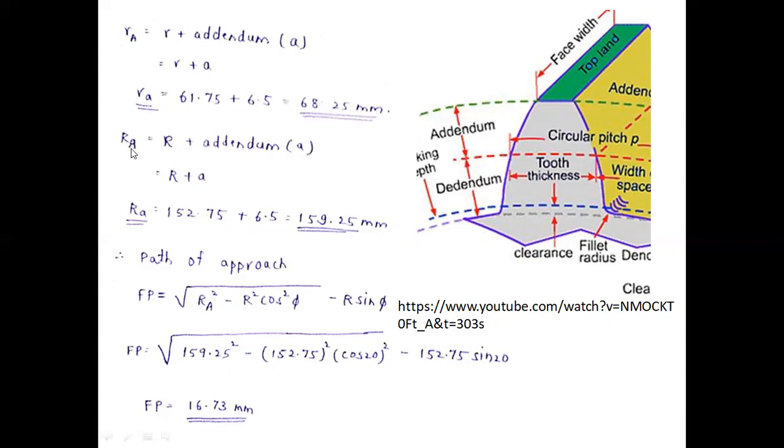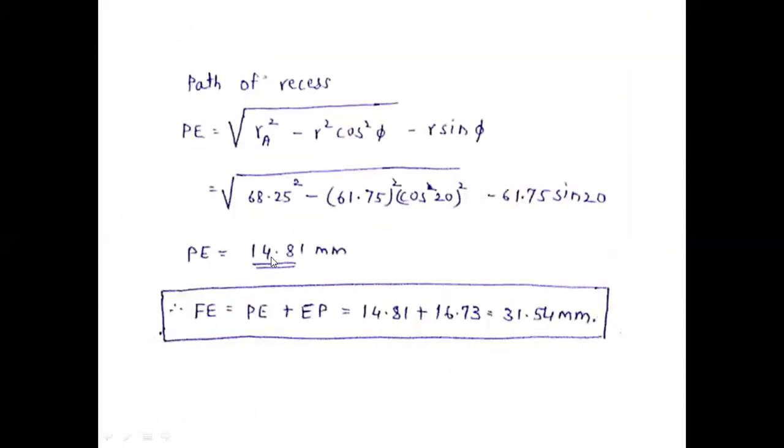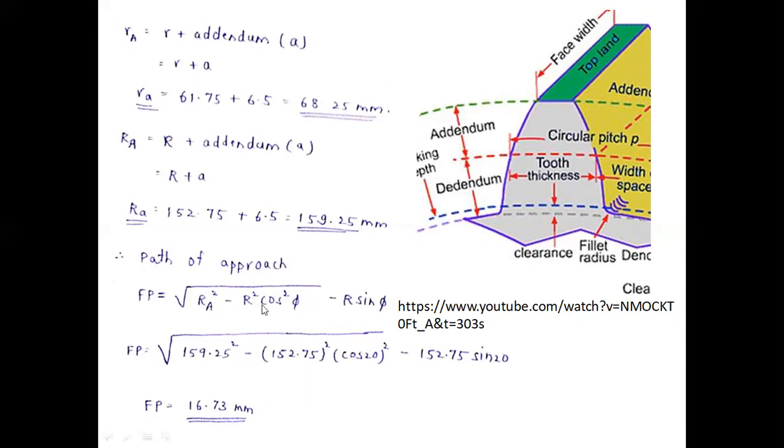And capital RA is equal to the pitch circle radius of the gear plus the addendum of the gear. For both gear and pinion, the addendum value is given the same, 6.5 mm. So the pitch circle radius 152.75 plus the addendum 6.5 mm will become 159.25 mm. Now for the path of approach, the formula we have already seen.